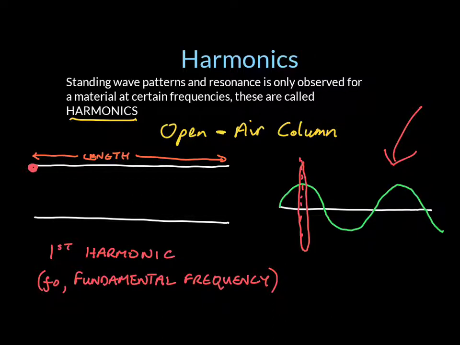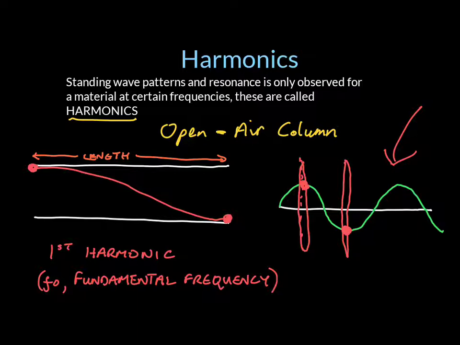Well, then the biggest wavelength that can be achieved is when we just hit the next maximum displacement pattern. So in other words, here. So we traverse from this point to this point. And so let's see what that looks like. It's going to look a little bit like this.